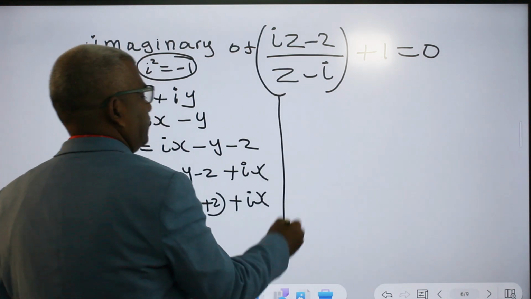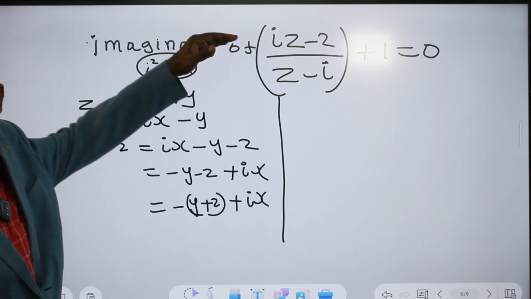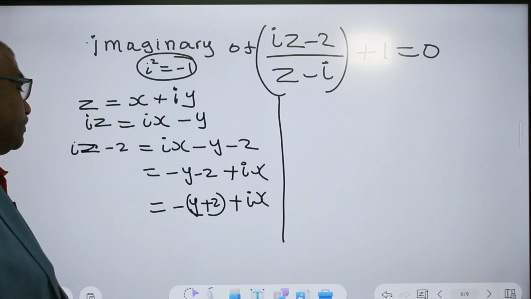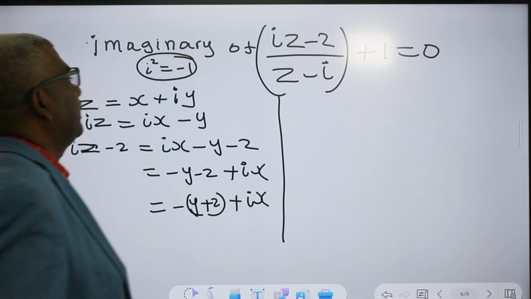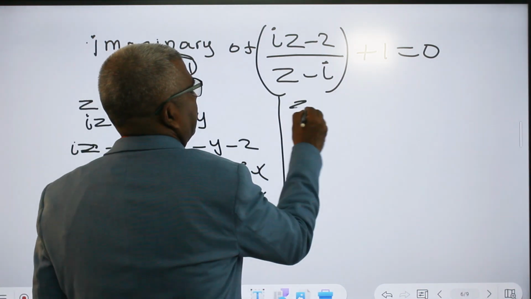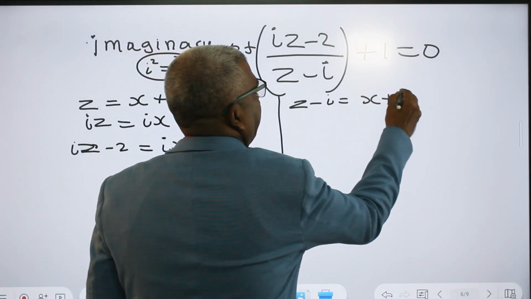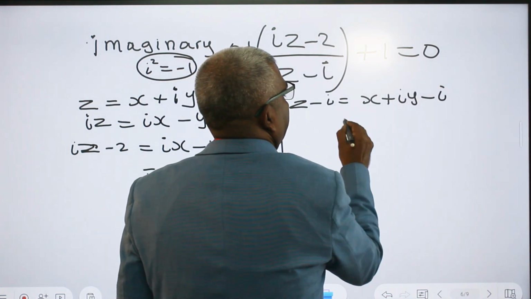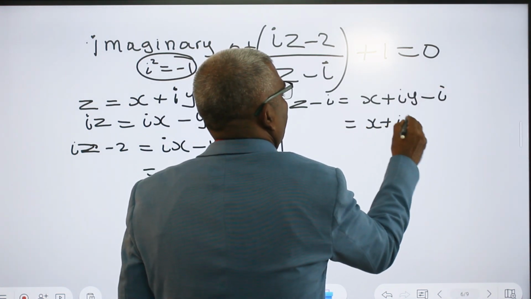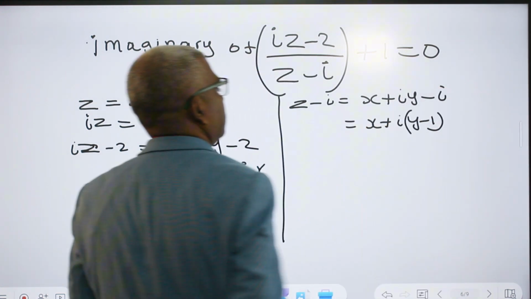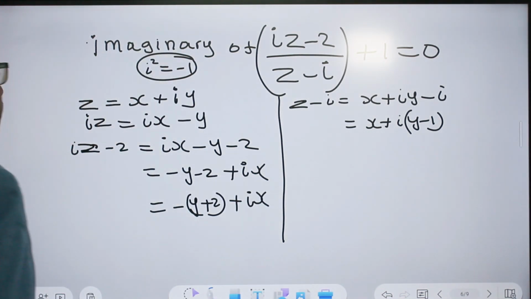Next. The numerator of iz minus 2 we found out. Then the denominator, z minus i, is nothing but x plus iy minus i, x plus iy minus 1. Okay, this is also found out.